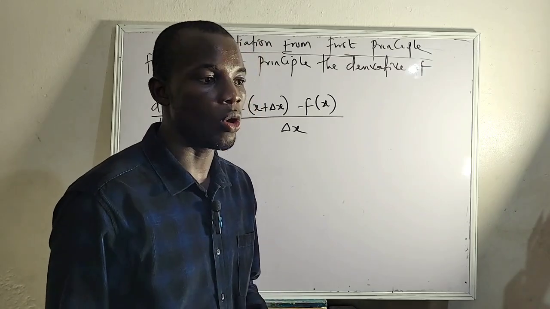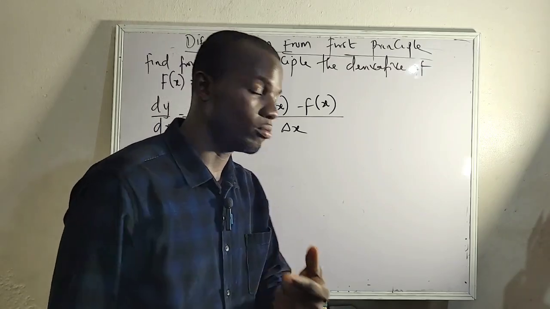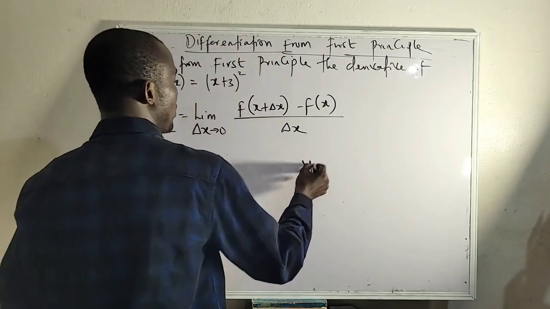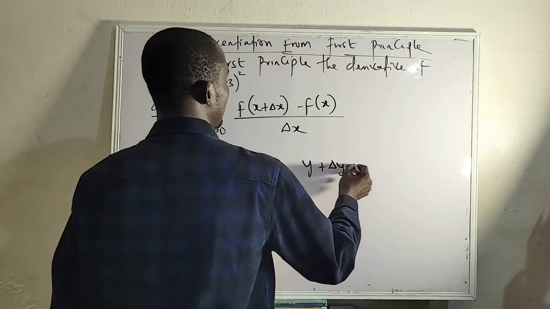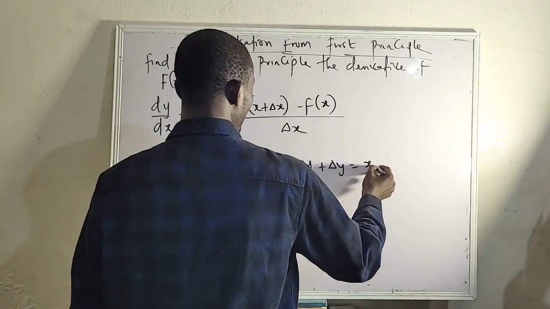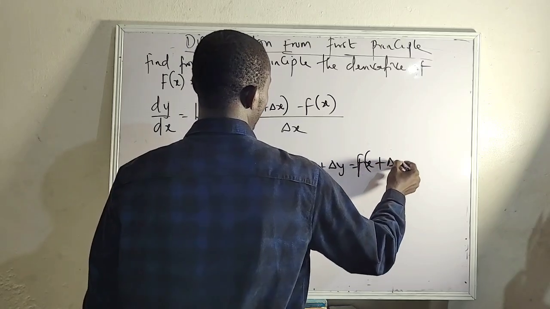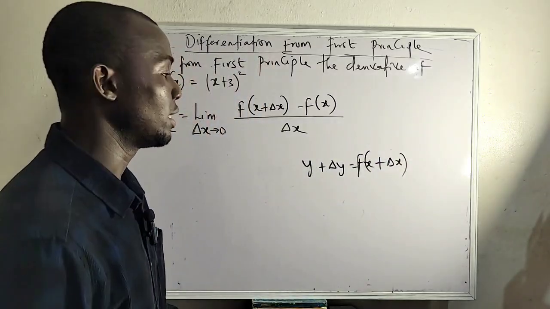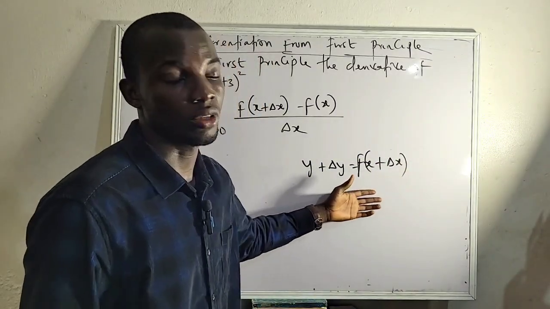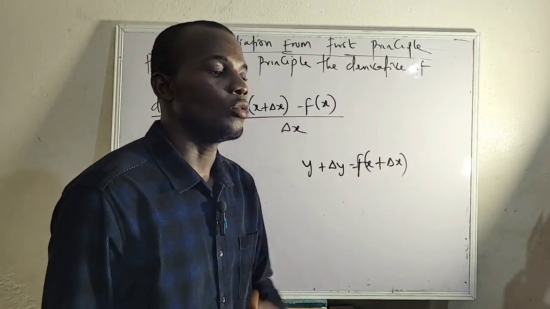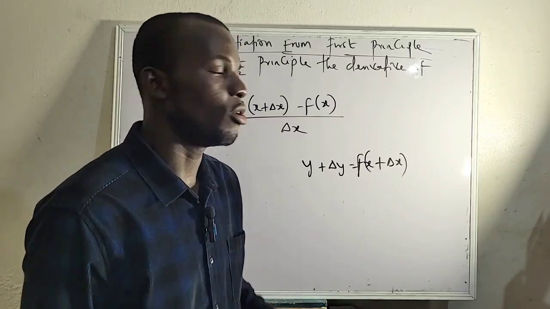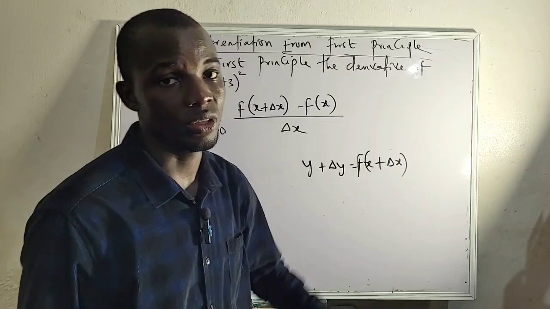Some students or some teachers may start with this and say y equals f of x plus change in x. Yes, you can start with that. That looks simple to start with, and then you take the limit at some point. But just to stay consistent, I'm using this.